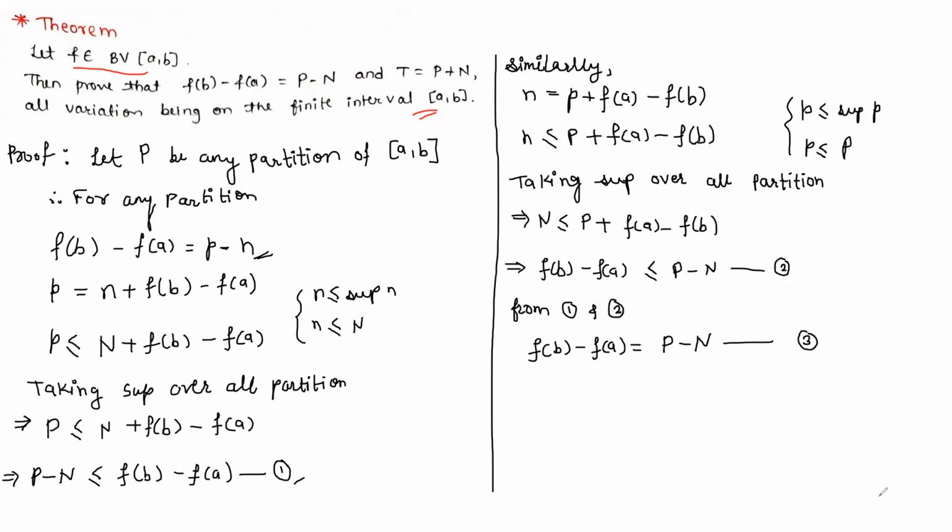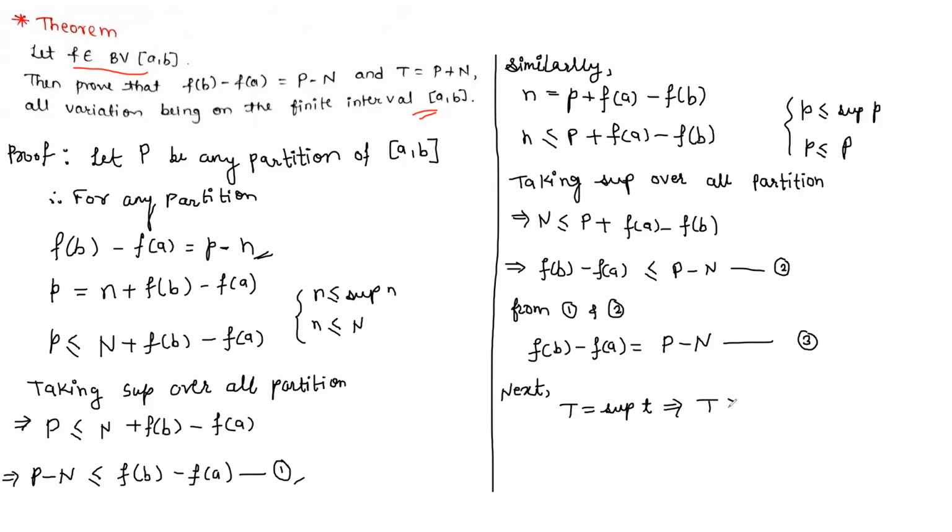So next, here this T is equals to supremum of this total variation.